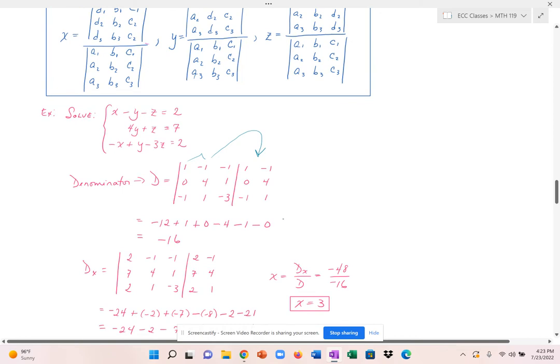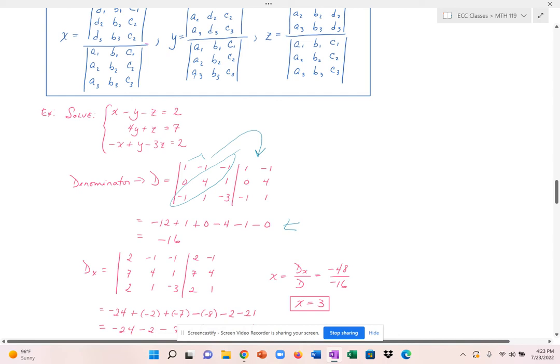So the first diagonal is -12 plus 1 plus 0 minus, and that works out to be 4 minus 1 minus 0. And adding and subtracting those numbers gives me a result of -16. -16 is not an answer, but it will be used to help us figure out what my solutions are to x, y, and z.